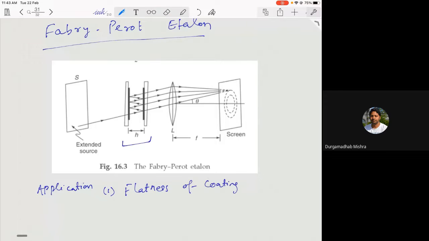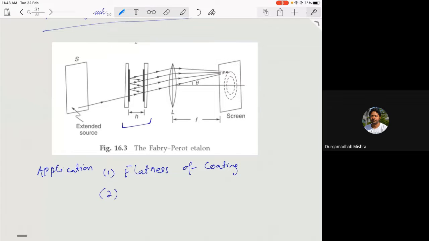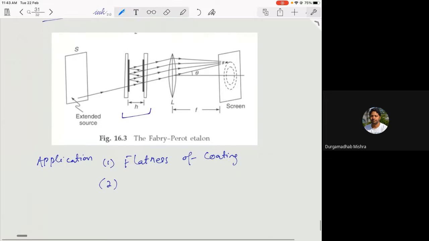You can also produce some spectral distribution of your incoming beam, like a splitting of the spectral distribution.